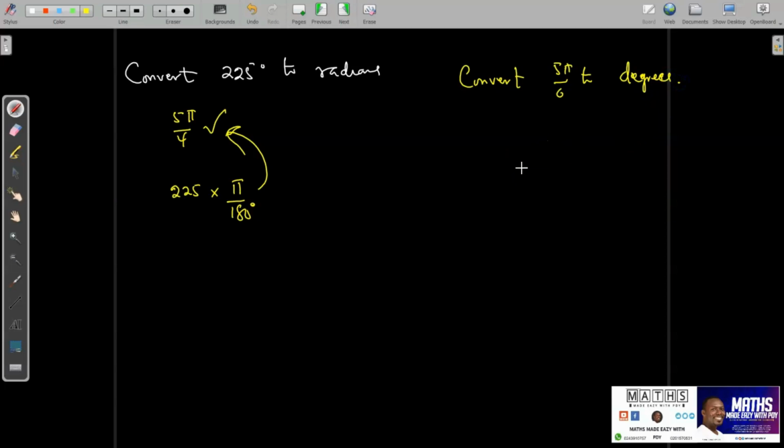Yes, convert it to degrees. 5 pi on 6 rad to degrees. Yes, what answer are you getting?